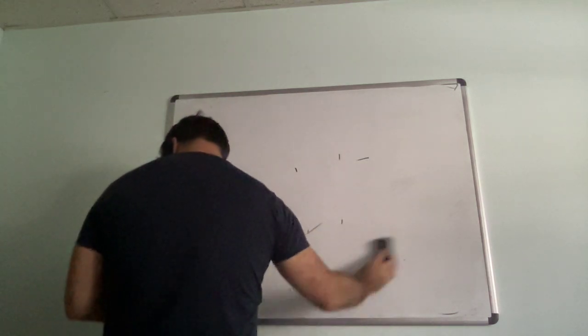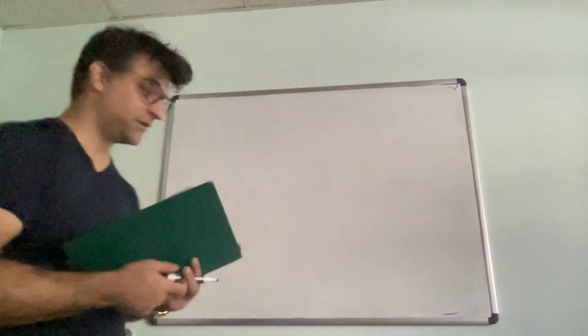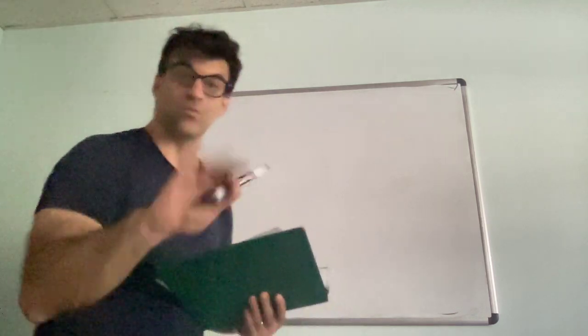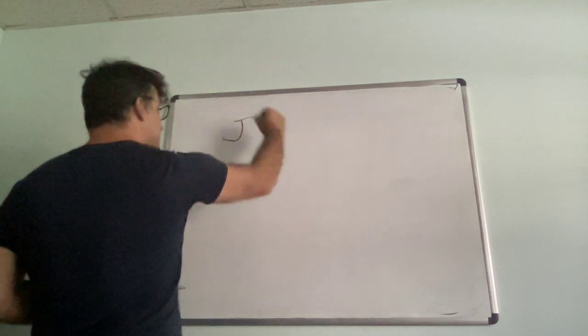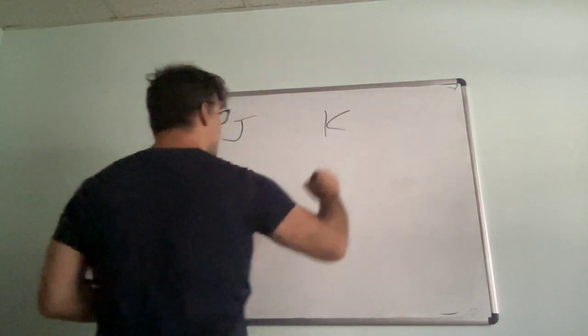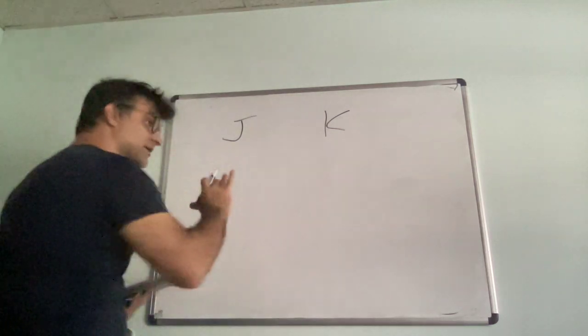Number 13 is a way of expressing exclusive disjunction. One is true, but not both. 13 says J will win or K will win, but not both. So J will win, K will win. This says one of them will win, but not both. So it's a compound.